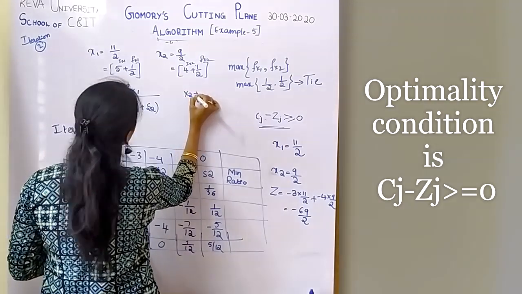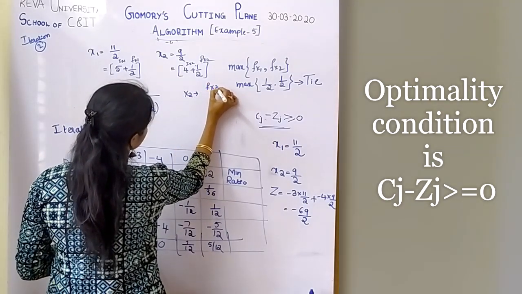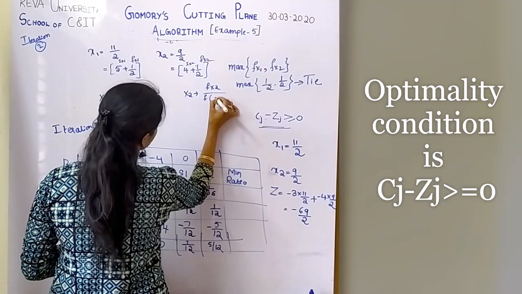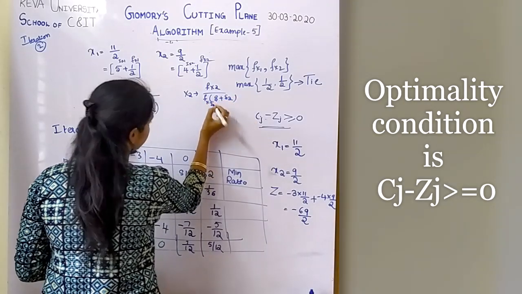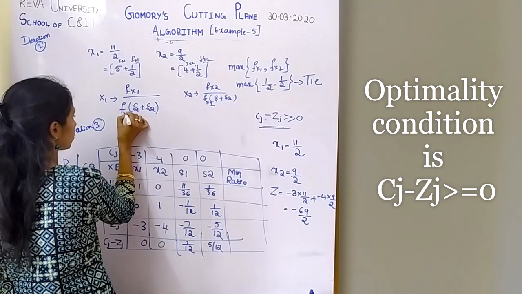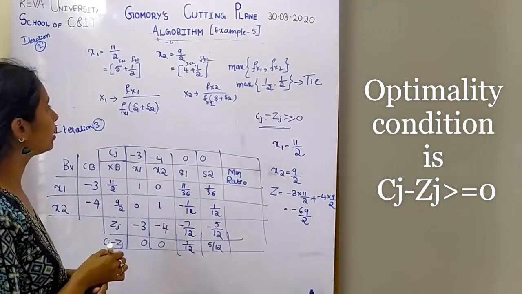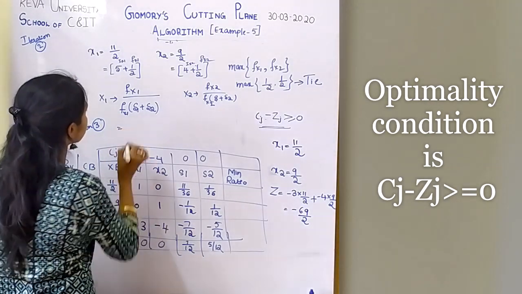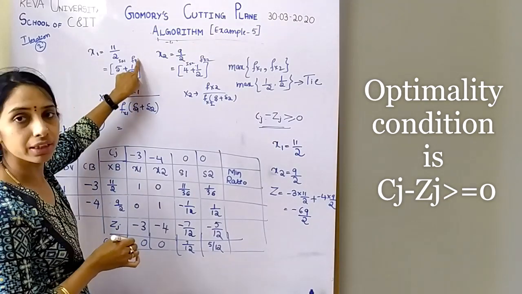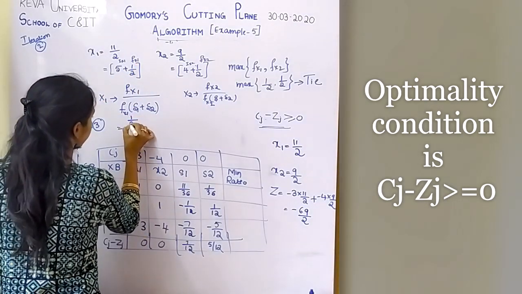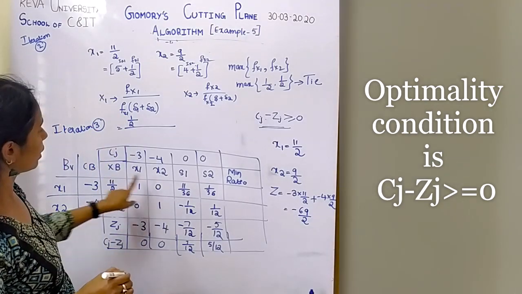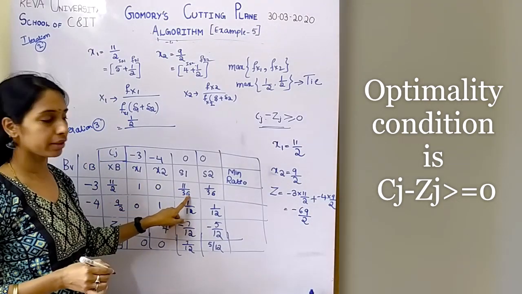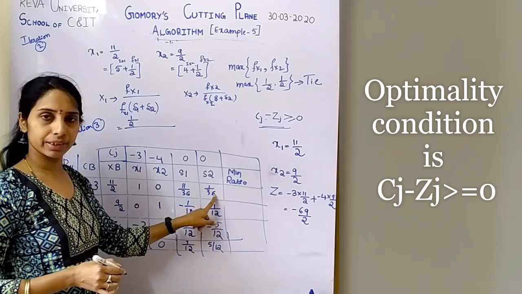For x2, f of x2 divided by fractional part of s1 plus s2, the corresponding row for x2, here the corresponding row for the x1. What is the fractional part for f of x1? Half divided by, what is for the x1 row, what is the corresponding fractional part of s1 and s2?